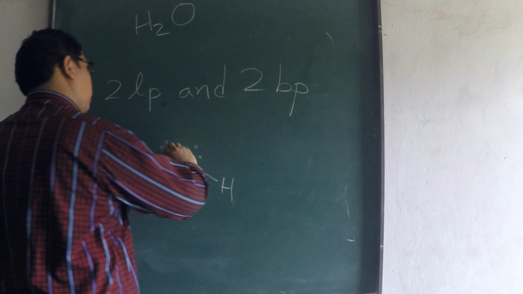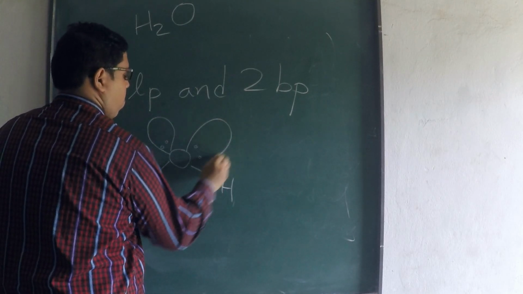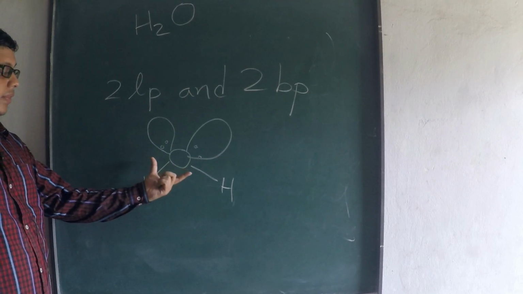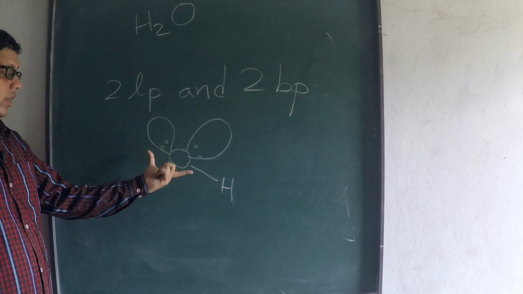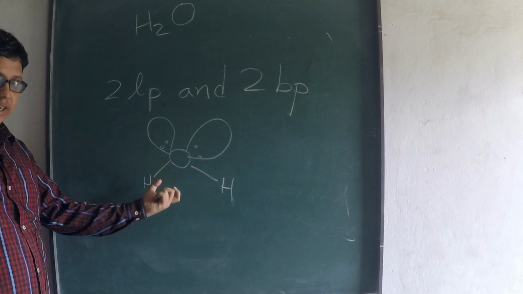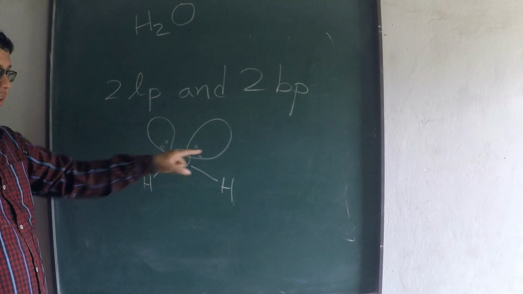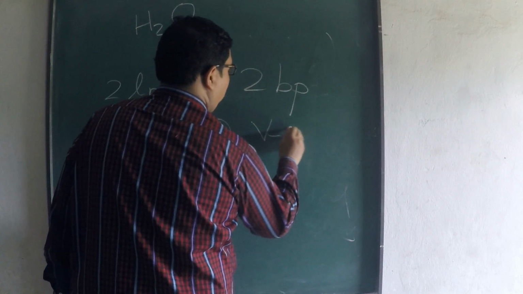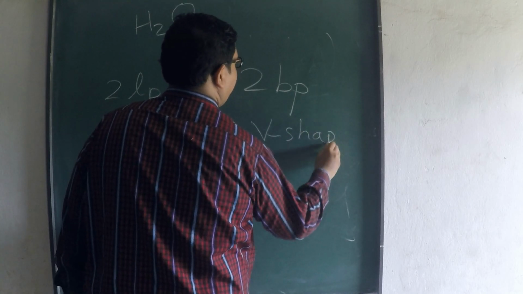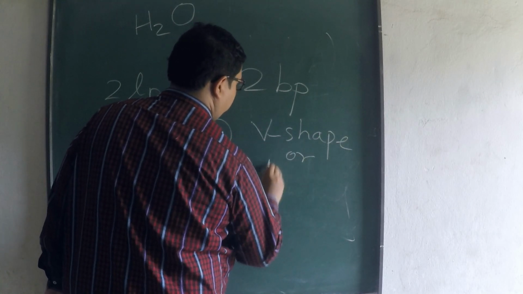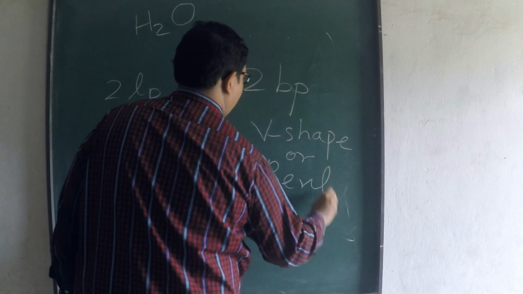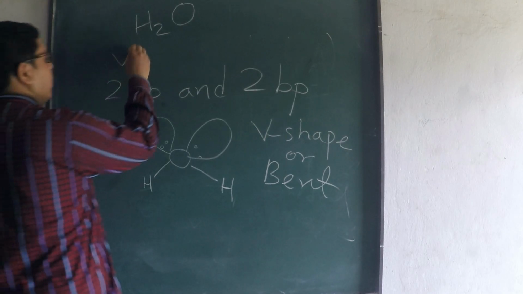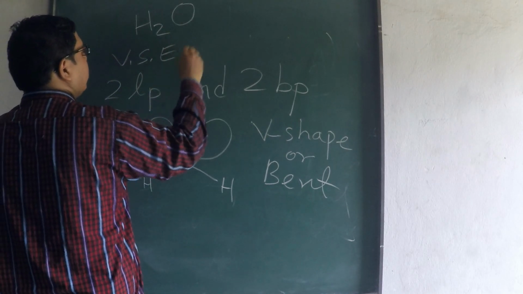The 2 lone pairs will be repelling the bond pairs, and instead of having a straight shape, it will have a bent shape. If you see the shape, it is like an upside down V. So we can call it V shape or bent. Why is that? Due to the repulsion of the lone pairs. Here is where VSEPR is coming into play. VSEPR theory was what?